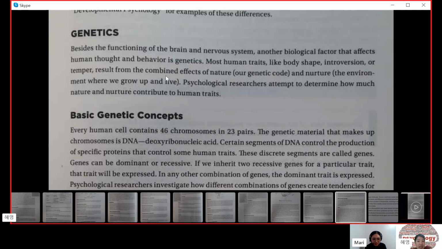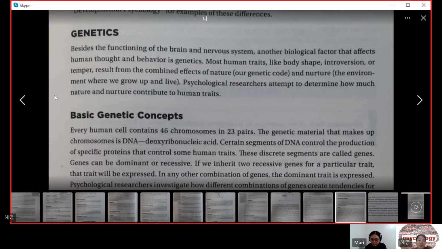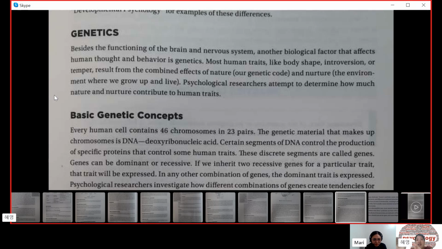Most human traits, like body shape, introversion, or temper, result from the combined effect of nature, our genetic code, and nurture, the environment where we grow up and live. So psychological researchers attempt to determine how much nature and nurture contribute to human traits.